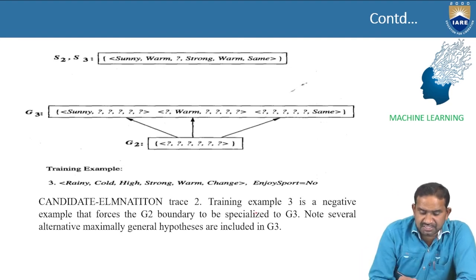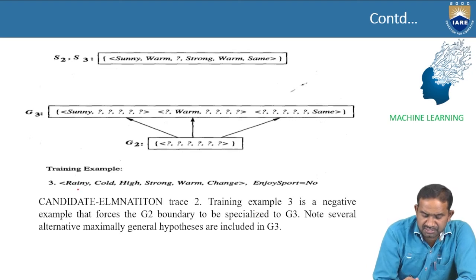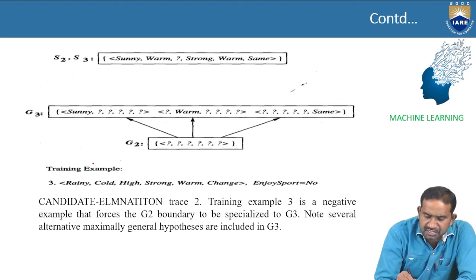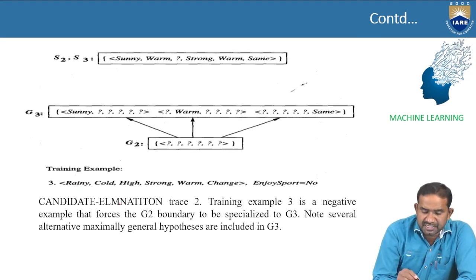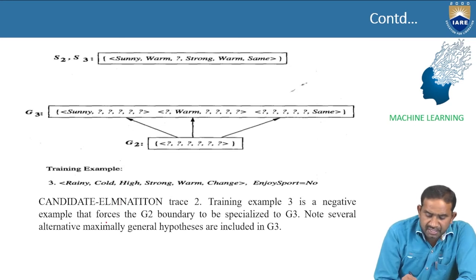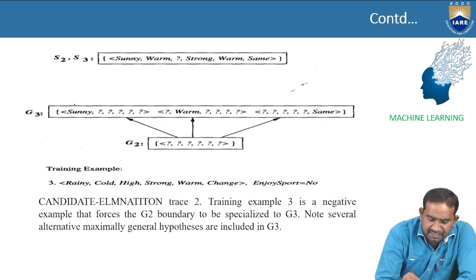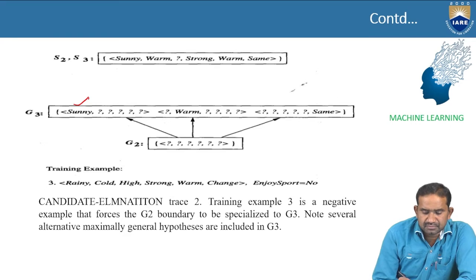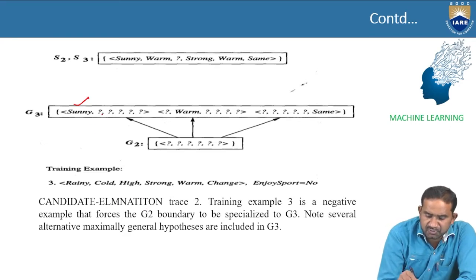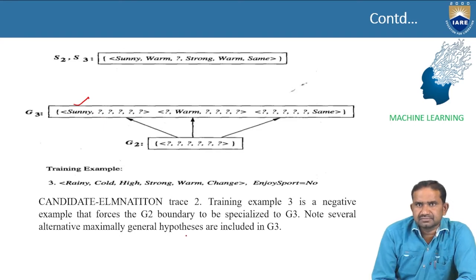Since it is a negative example, rainy is replaced by sunny here. The remaining are all question marks, because we only compare the first parameter, and the rest stay generalized.